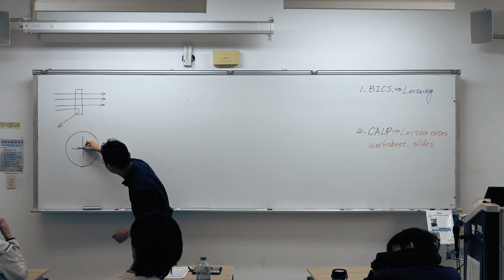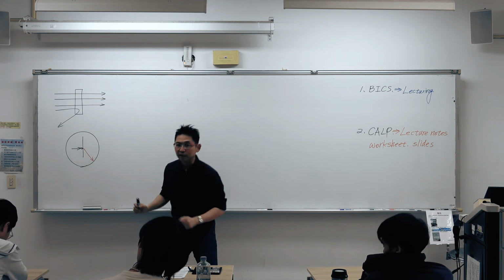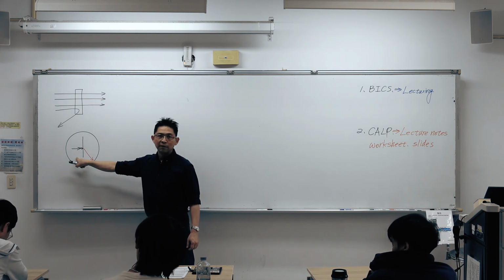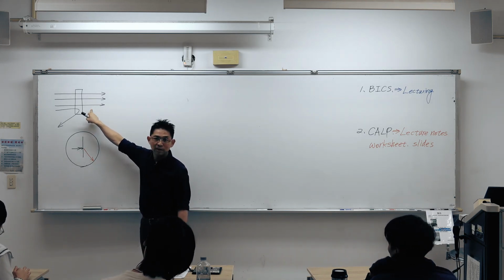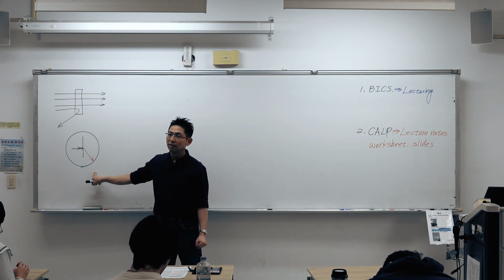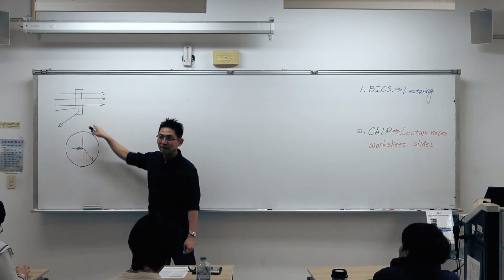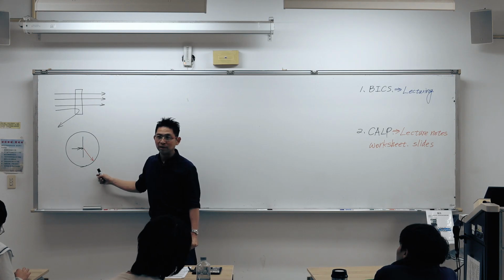Then we get the scattering angle here. My question is, should I put this, or do we only need this one? Both? Yeah, because that's a zooming picture. So should I put this together? Sure. Yeah, why not?